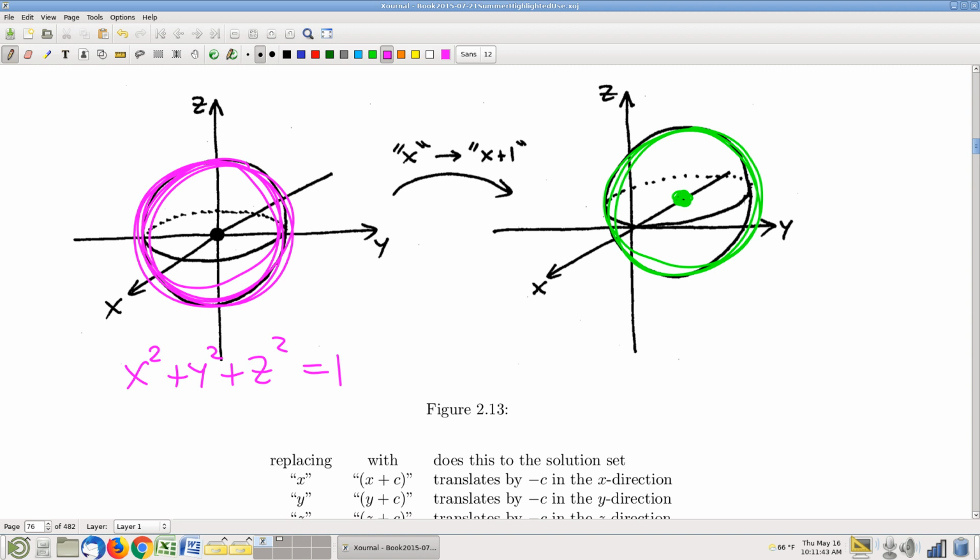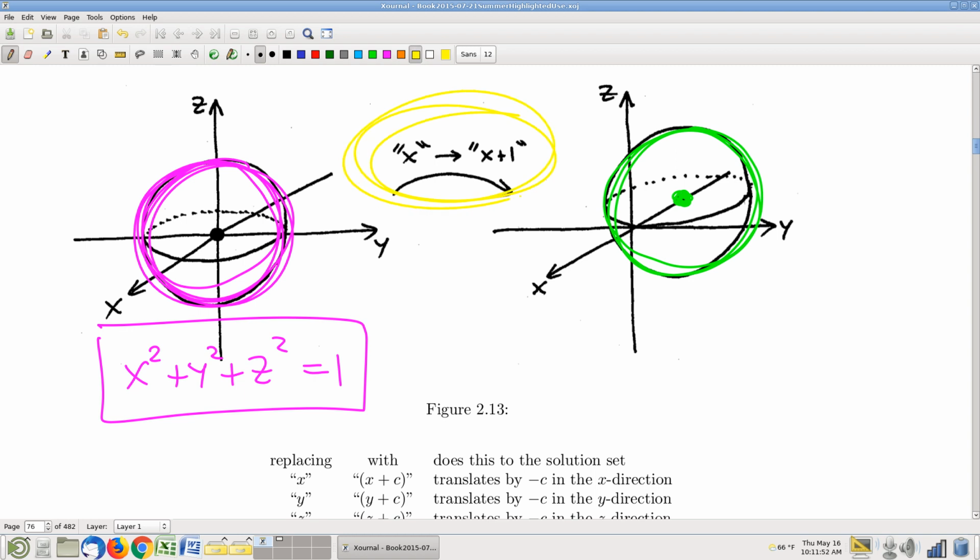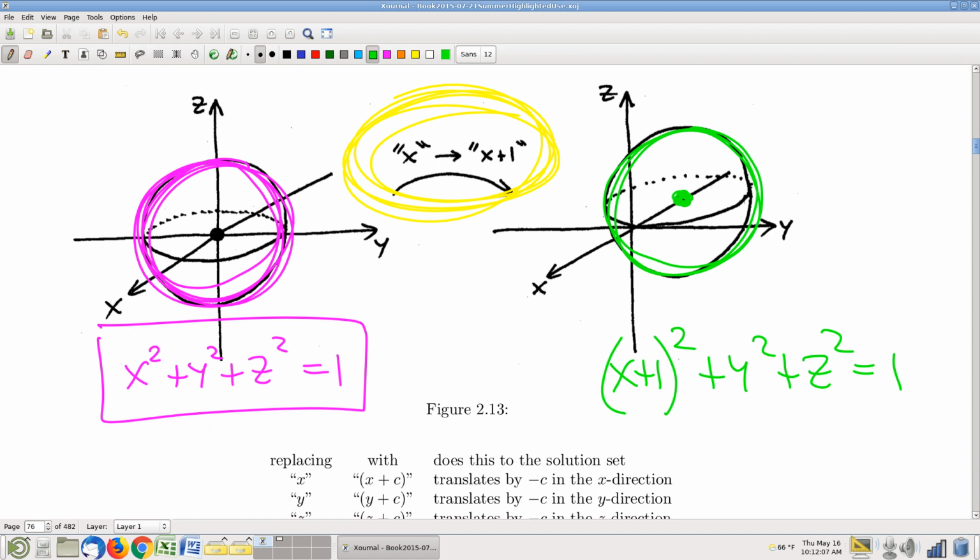And notice that algebraically, when you take this equation and everywhere you see an x in that purple equation, if you replace that with x plus 1, then what you get is our green equation. And you can see right here the x being replaced with x plus 1.